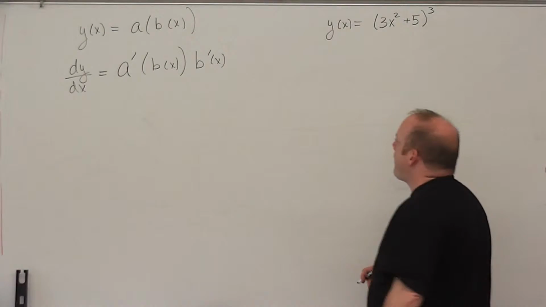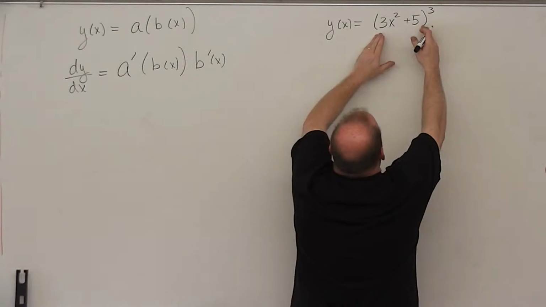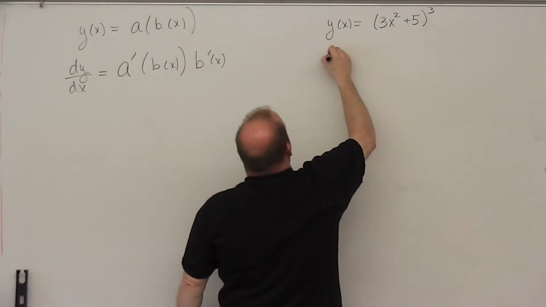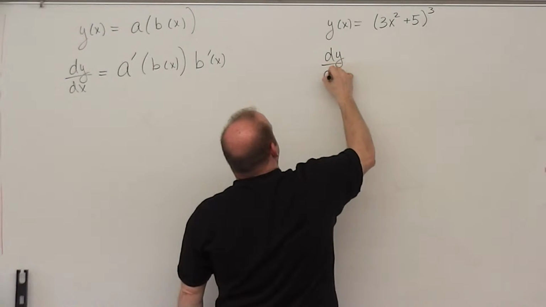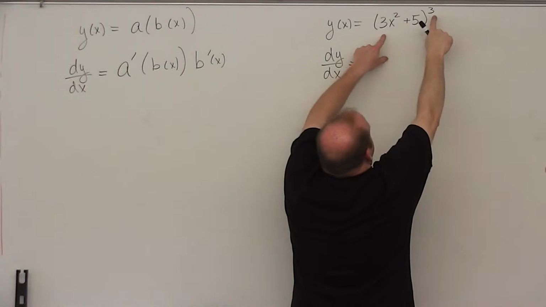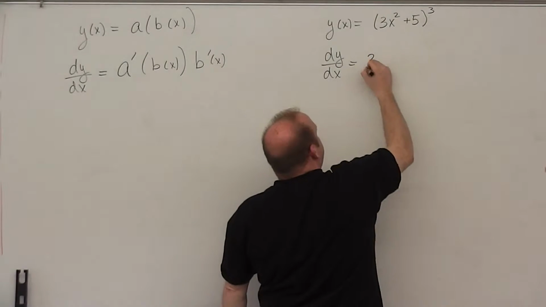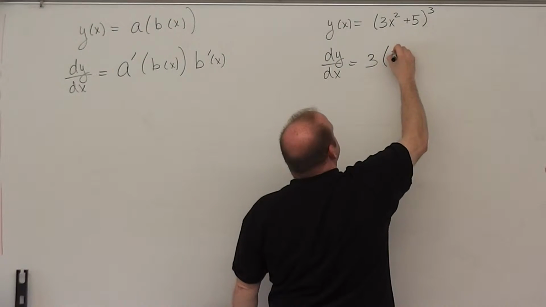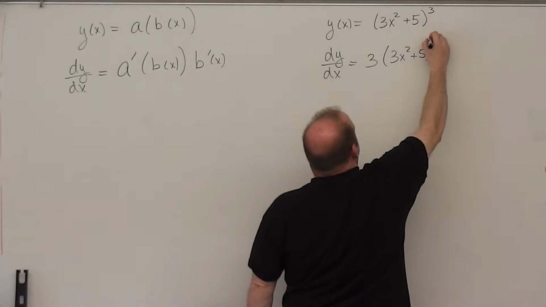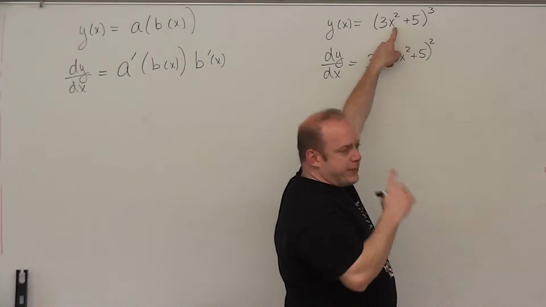So now, you're taking the derivative of this whole thing. Okay, let's just do it. dy dx. So now, it's this term cubed. So now we're going to take that cube. You have the function 3x squared plus 5 to the 1 lower power, which is 2. But then we have to take the derivative of what's inside here.